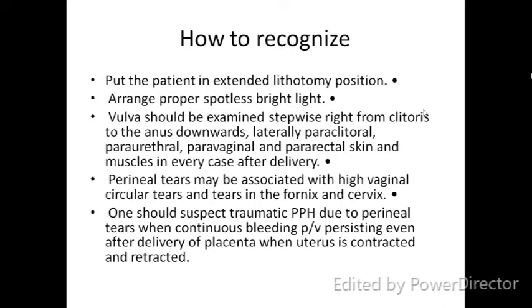Then you have to explore the vagina with a good light source. We have to put the speculum inside, hold the cervix and look for any trauma in the cervix and the lateral vaginal walls. Sometimes the injury is not very visible. You have to put the speculum and hold the cervix, then only you can see.